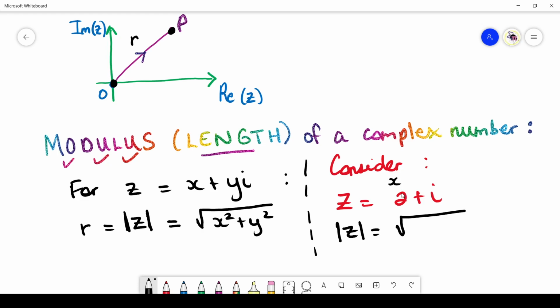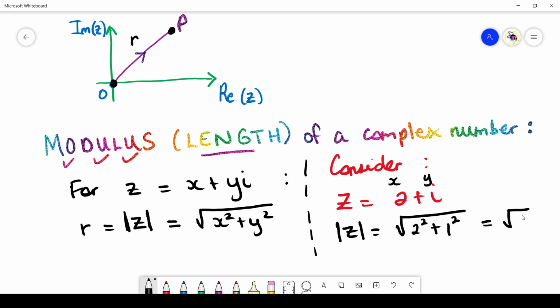Remember that x comes from the first part and y comes from the second part. So actually, if it were rearranged as i plus 2, then you would have to remember that x is the real part. But because you're adding and squaring, I don't think it's really going to matter because addition is commutative. So 2 squared plus 1 squared is the same as 1 squared plus 2 squared, just in case you mix up the formula. It's going to be fine.